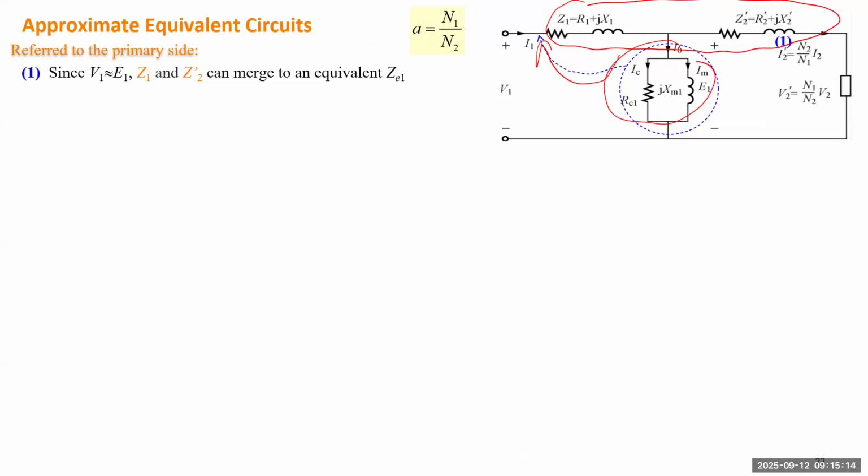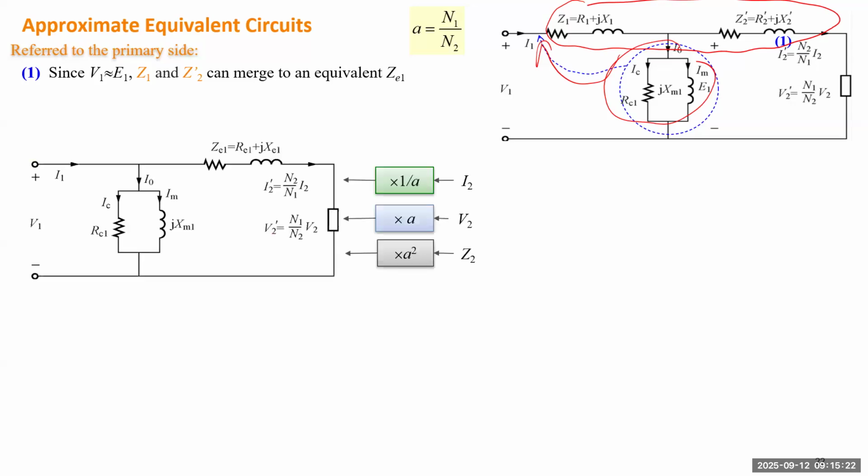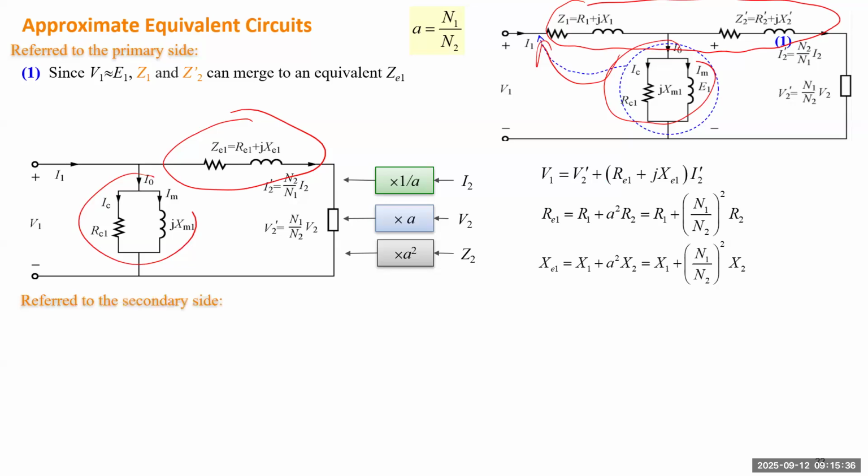If the primary side has very high voltage, moving those shunt branches usually doesn't cause much error. So then we can merge the impedances of the two windings into a single impedance. But we still don't like this shunt branch. We can simply ignore it.